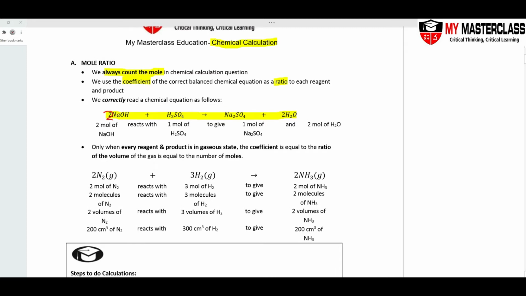In lower secondary we learned that this is actually 2 atoms, but now in upper secondary, because atoms are so small, there's no meaning. So whenever we write a 2, we mean 2 moles. 2 moles of sodium hydroxide will react with 1 mole of sulfuric acid, give me 1 mole of sodium sulfate and 2 moles of water.